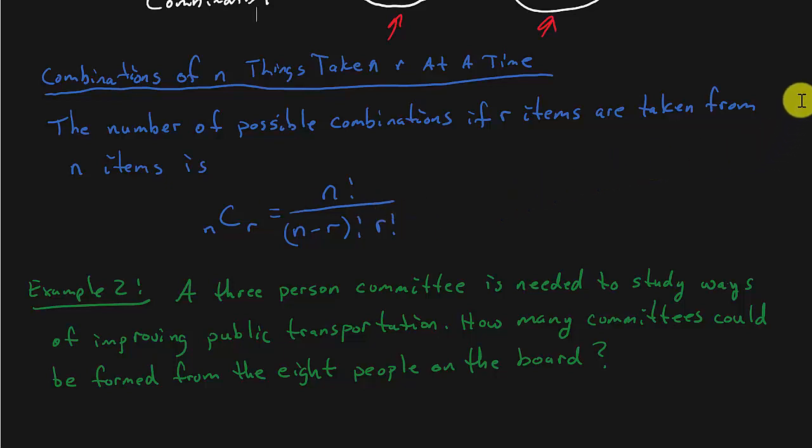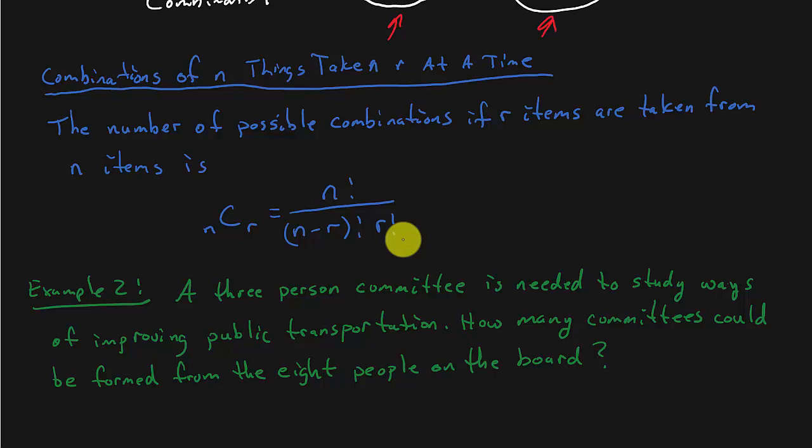All right. So just like with the formula for permutations, we've got a formula for combinations. So we've got combinations of n things taken r at a time. The number of possible combinations of r items taken from n items is, and this is the notation, C n r, equals n factorial over n minus r factorial times r factorial.